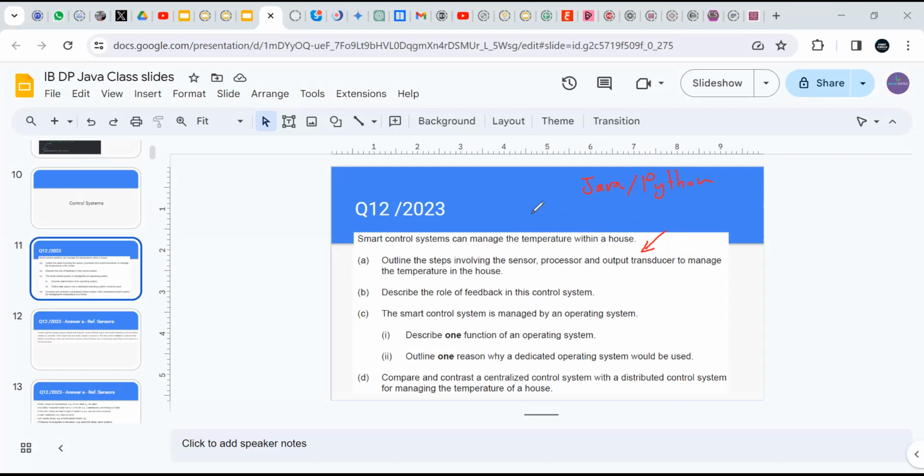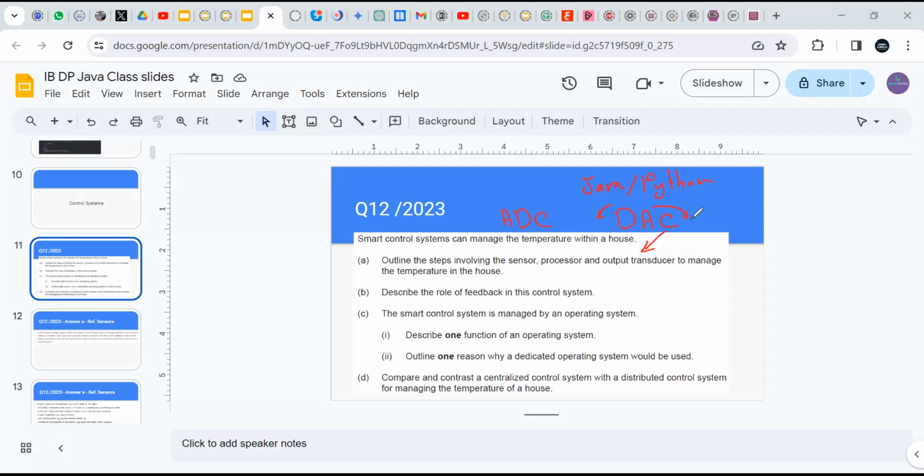Is it before the processor or after the processor? After the processor. Okay, and before the DAC or after the DAC? We have the ADC and we have the DAC. So is your output transducer located here or here? It would be after, because it's like the last part.